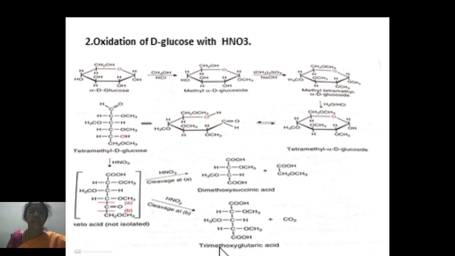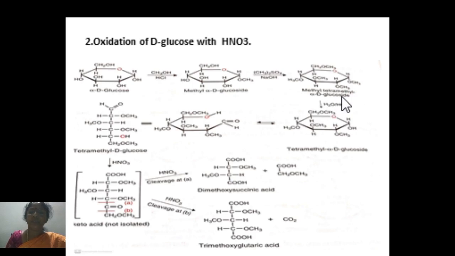Second and very important method is oxidation of D-glucose with nitric acid. This involves various steps as shown here. First, alpha D-glucose is treated with methanol to give methyl alpha D-glucoside. Then it is treated with dimethyl sulfate to get methyl tetramethyl alpha D-glucoside.